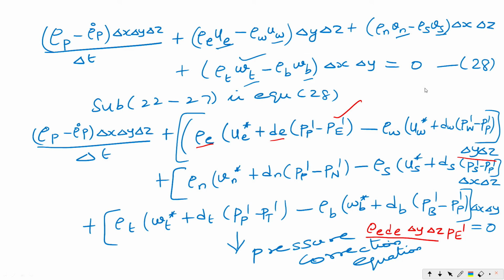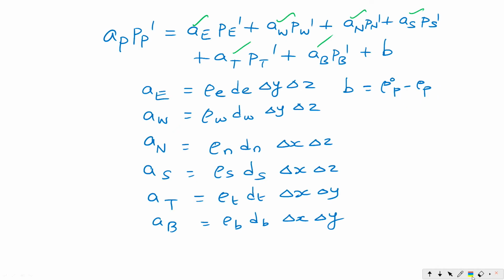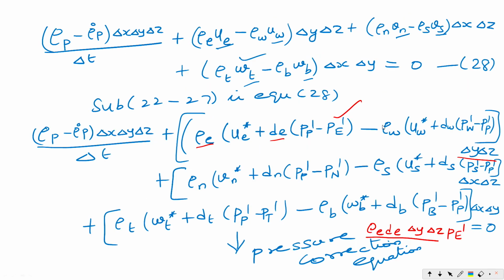If this is negative and we take it to the other side, rho_p becomes negative and rho_p naught becomes positive. I hope you got it. Plus this is the source term. This term is just taken to the other side, like a constant. Here every term is known to us.